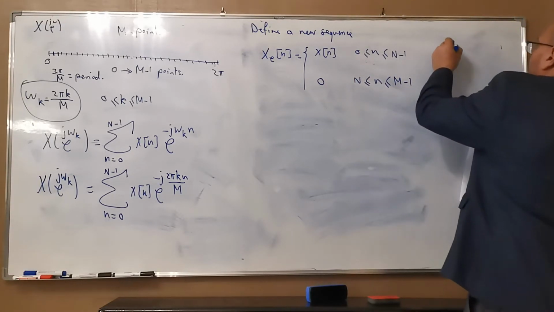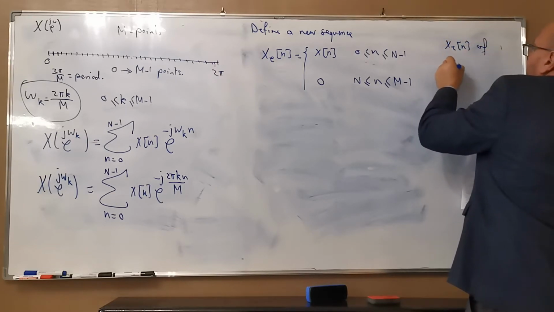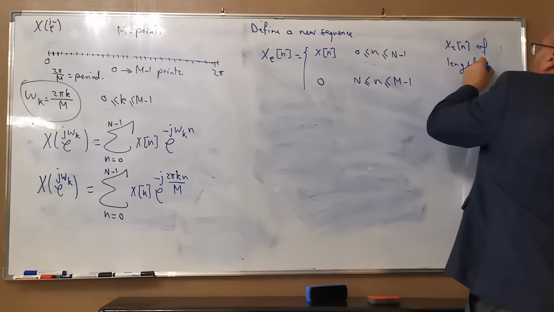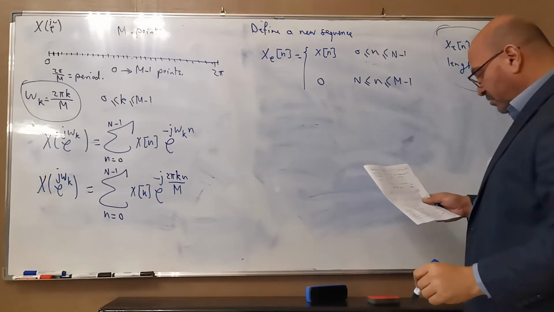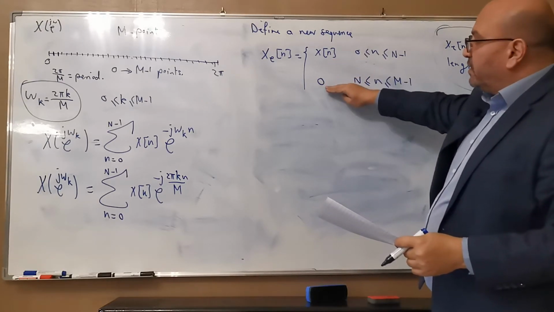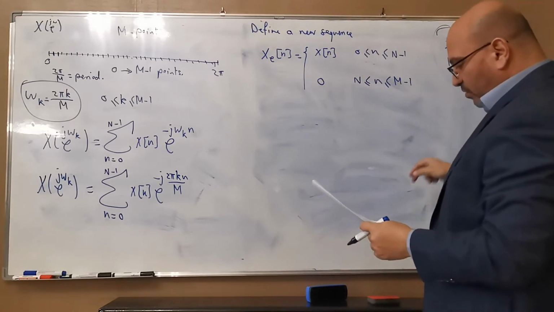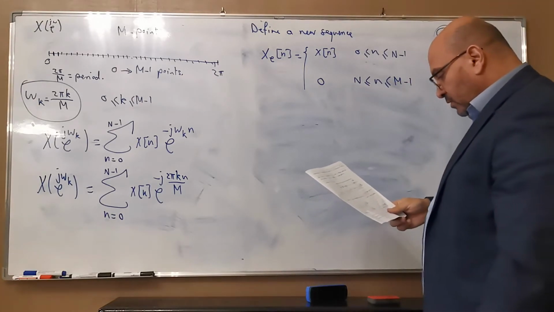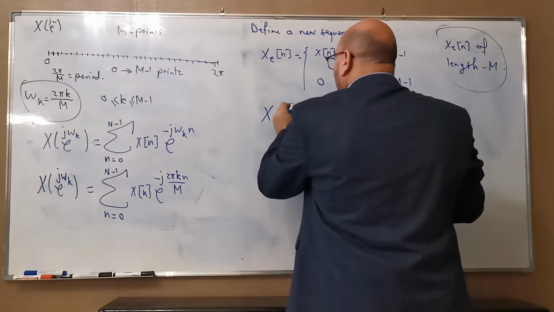So x extended of n is of length m. The extended sequence is the original sequence with zeros added at the end until you reach the length of m. Okay? So what will be x extended of k?